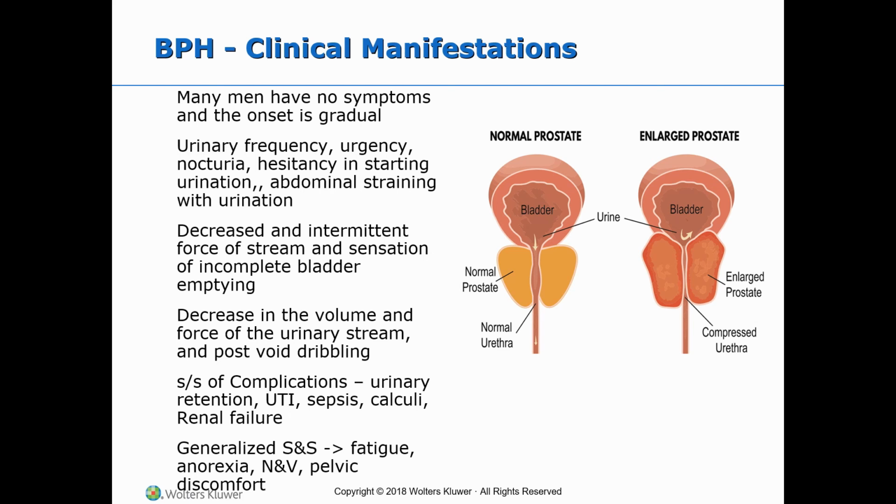Signs and symptoms of complications include urinary retention, UTI, pyelonephritis, sepsis, calculi, and renal failure. Generalized signs and symptoms like fatigue, anorexia, nausea, vomiting, and pelvic discomfort are also seen.